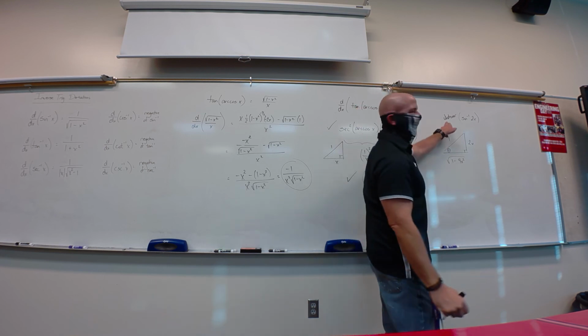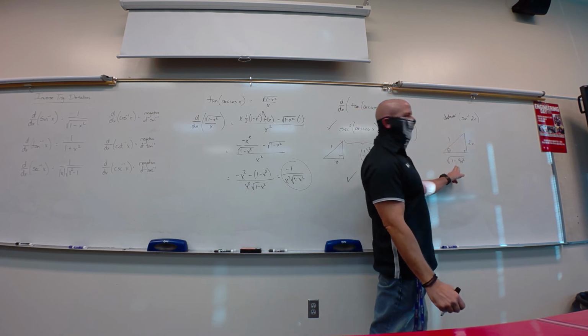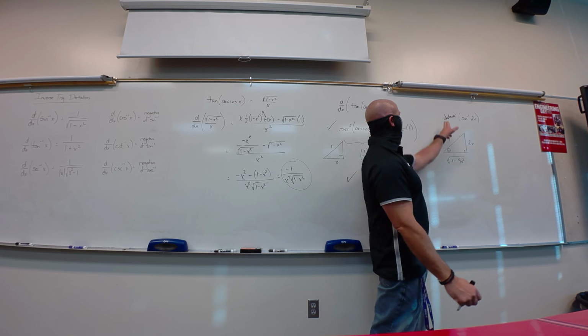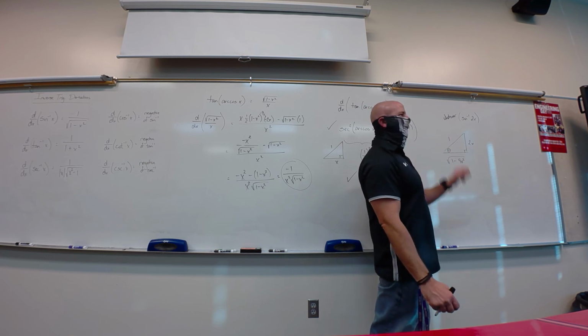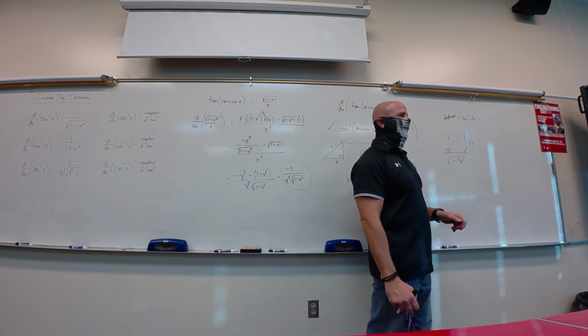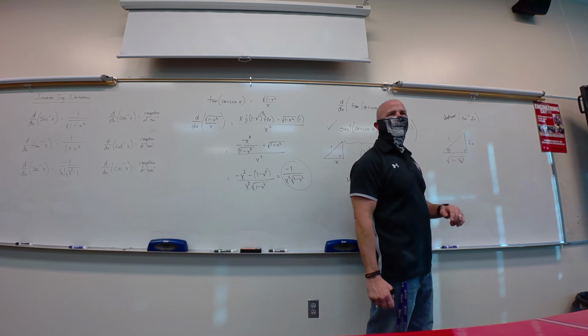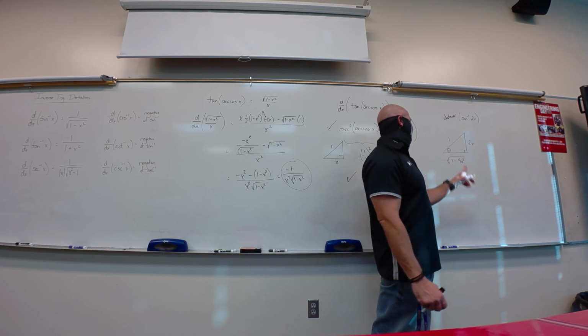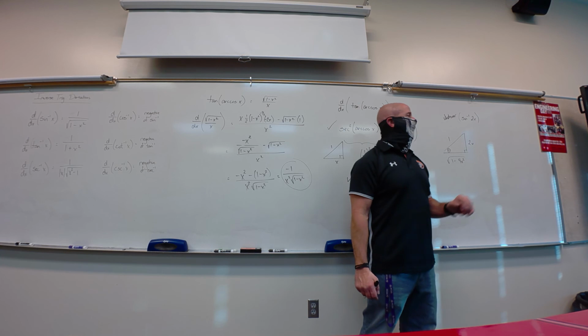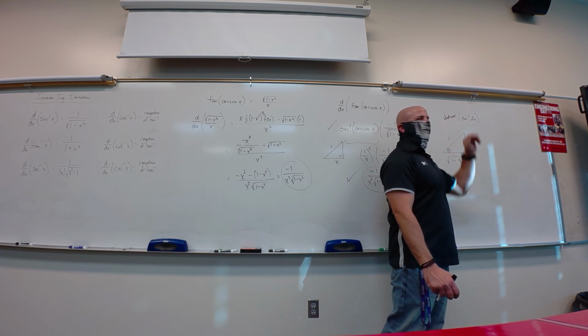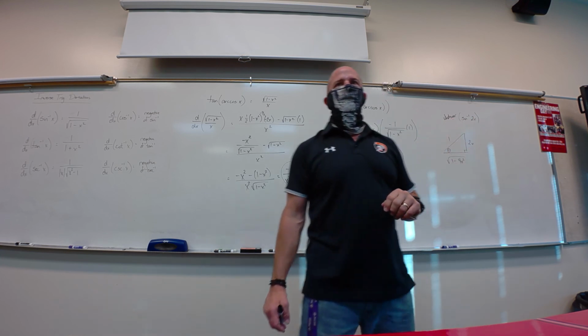If this said tangent, 2x over this. If it said cosine, this root over 1. If it said secant, 1 over the root. If it said cotangent, the root over 2x. This isn't your issue. The triangle's drawn off that inside.